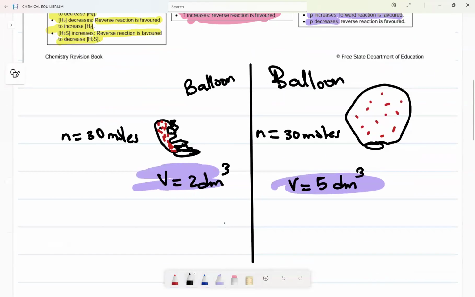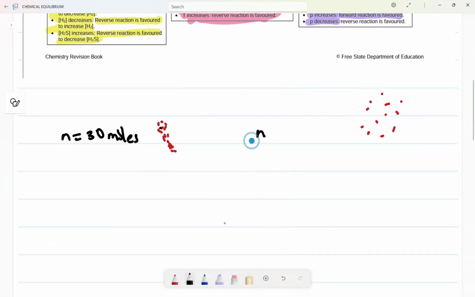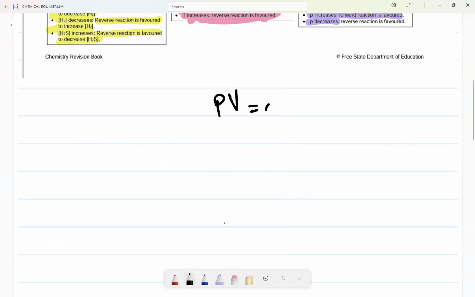Now I want you to understand that pressure is inversely proportional to what? To volume. Why? From Boyle's law. Remember what Boyle's law says? From the formula PV equals nRT, provided that the temperature is constant and the number of moles are constant. I had 30 on this side and 30 on that side, and temperature was constant. R is just a constant.